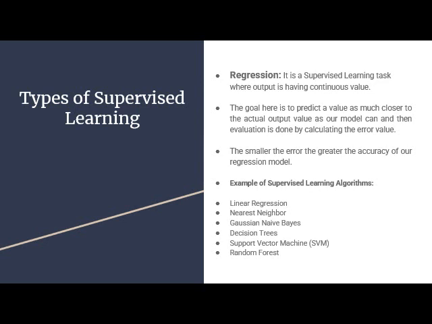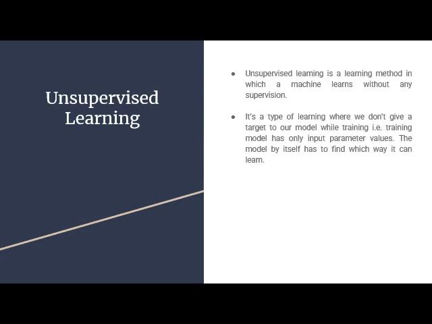In this, the smaller the error, the greater the accuracy. As smaller the error will come, the greater the accuracy of our regression model will be. Some of the examples of supervised learning are linear regression, nearest neighbor, decision tree, random forest, SVM and etc.